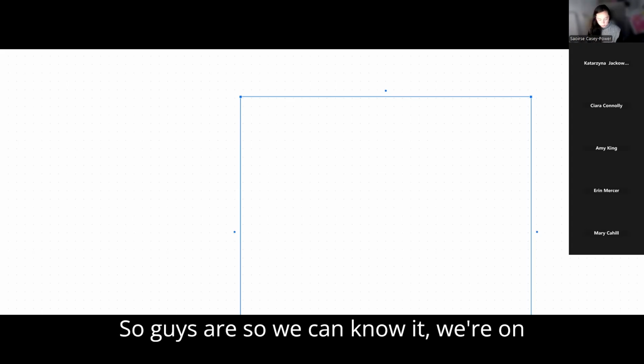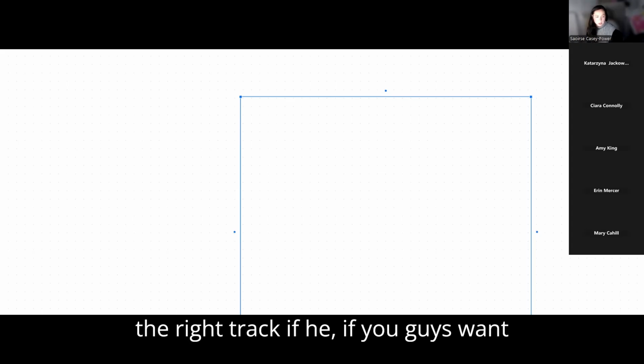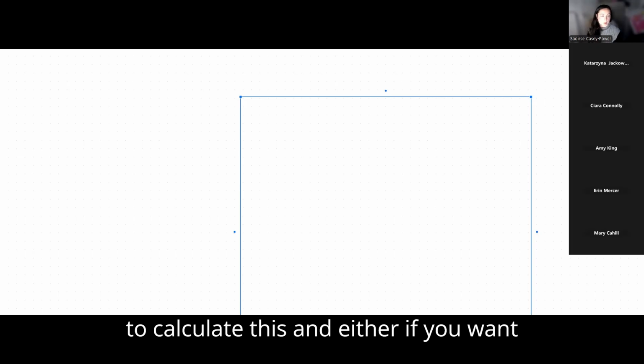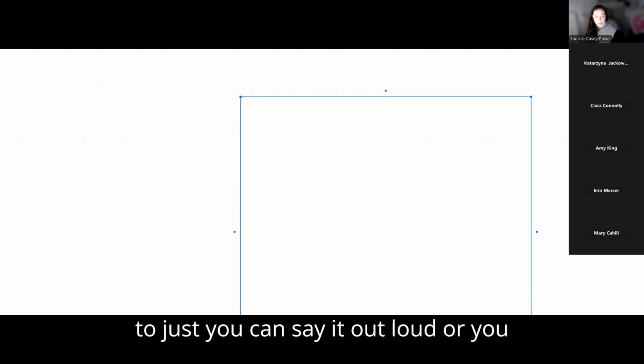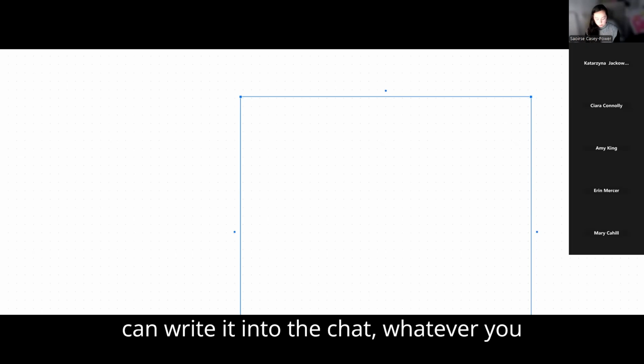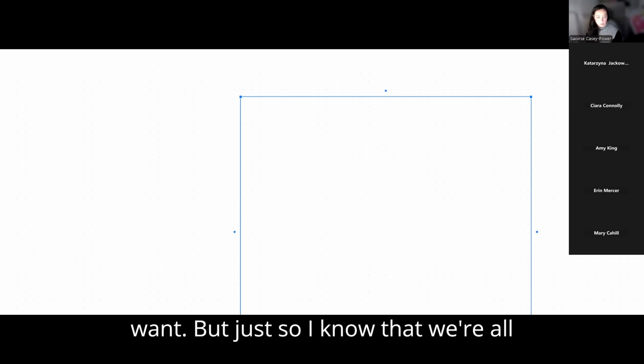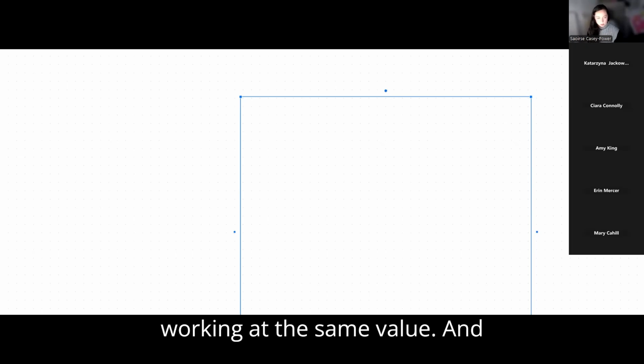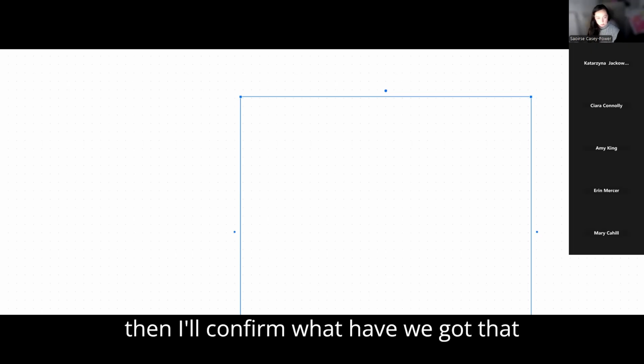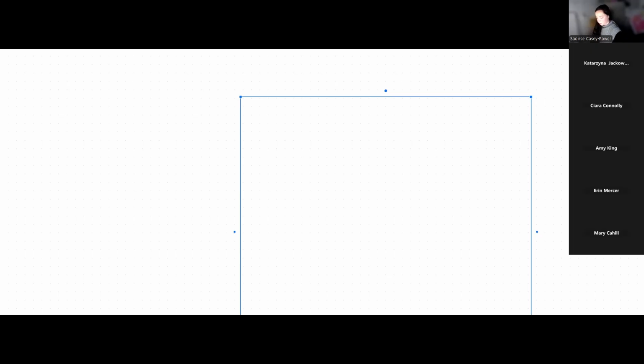So guys, just so I know we're all on the right track, if you want to calculate this, you can say it out loud or write it in the chat, whatever you want. I just want to know that we're all working out the same value, and then I'll confirm whether we got that value or not.